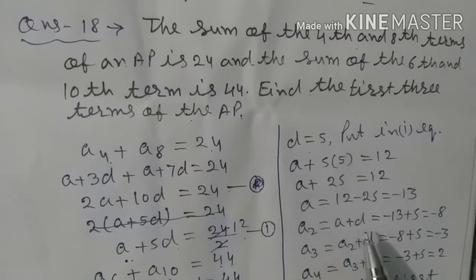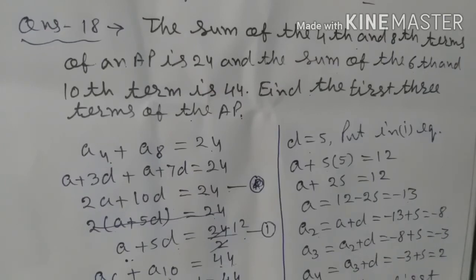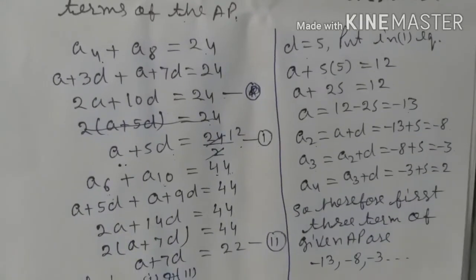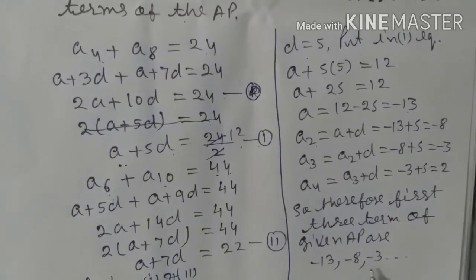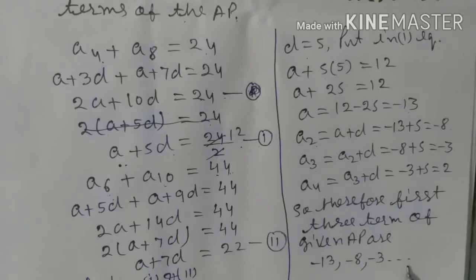Then A2, A3, A4 follow. So the first three terms of the given AP are minus 13, minus 8, minus 3.